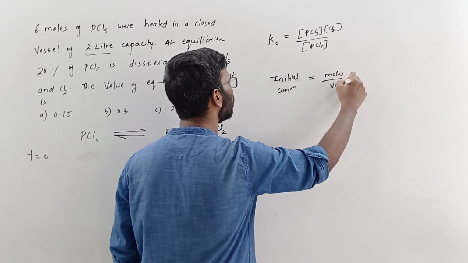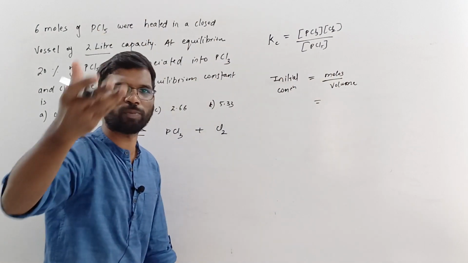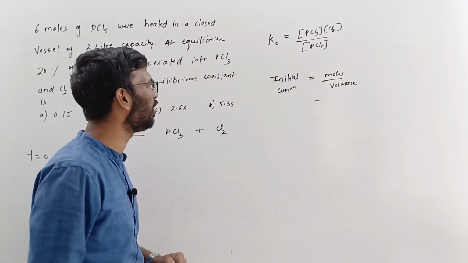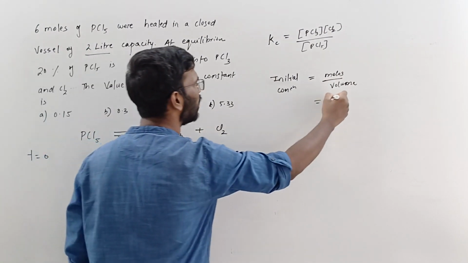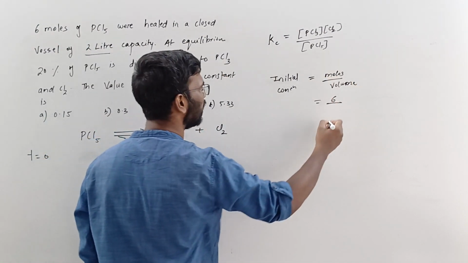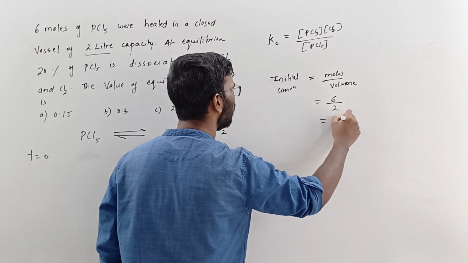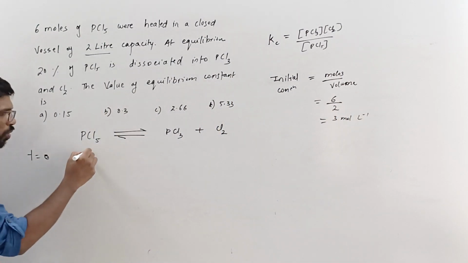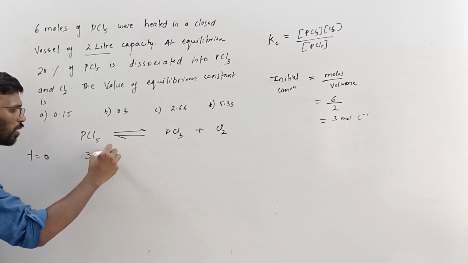This is the concentration formula, like we discussed about molarity, the number of moles upon volume in liters. So what is the number of moles? It is 6 moles and the volume is 2 liters. So this is 3 moles per liter. So the initial concentration at time t equal to 0 is 3 moles per liter.